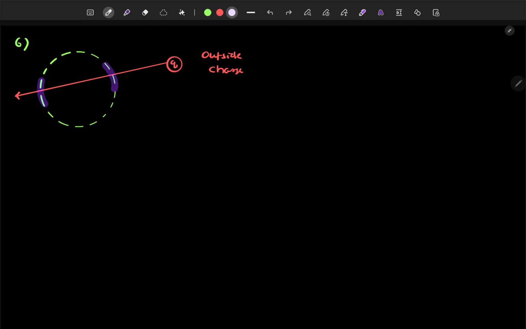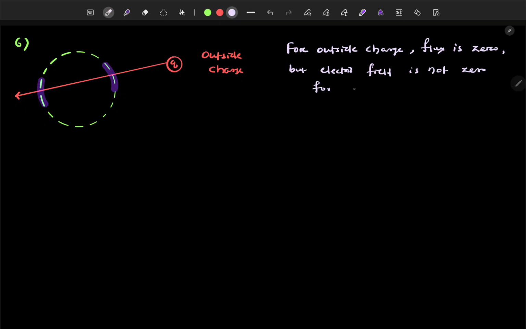So we can write, for an outside charge flux is 0, but electric field is not 0 for the Gaussian surface. I hope it is clear to all of you.